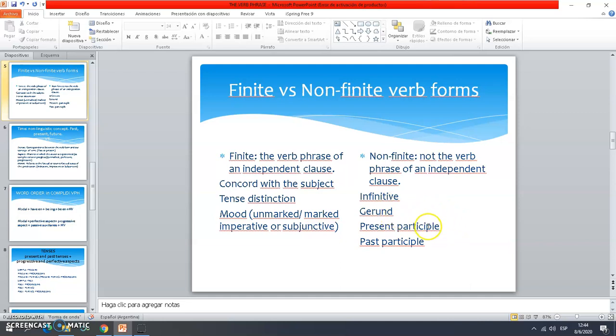You will see that the difference is not related to form, but to meaning or value. The gerund is a nominal verb form, whereas the present participle is adverbial or adjectival in value. All right? So, well, I will stop here and start a new video.